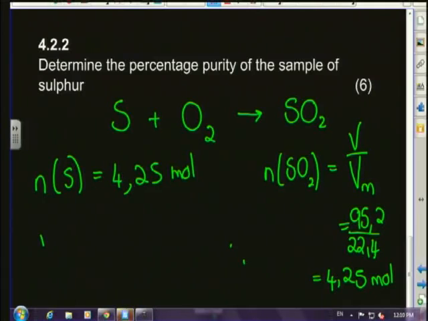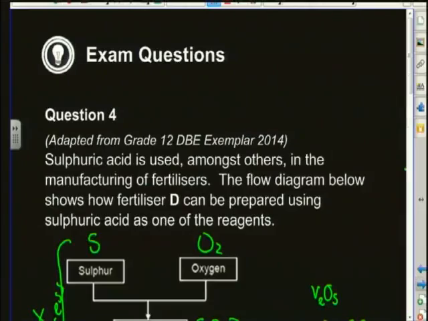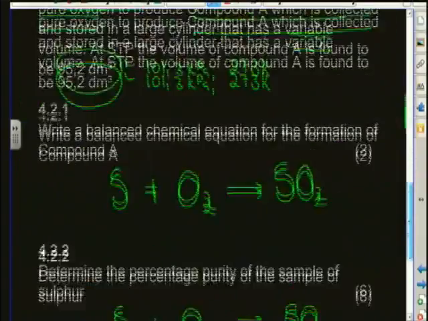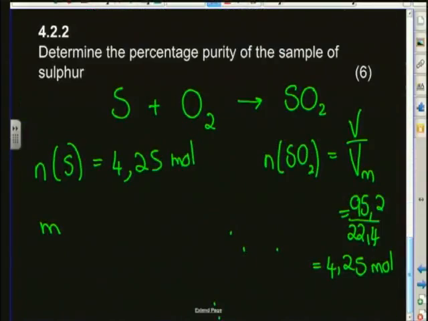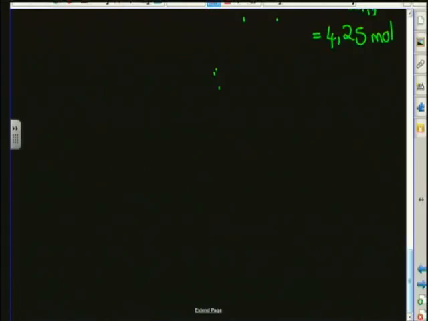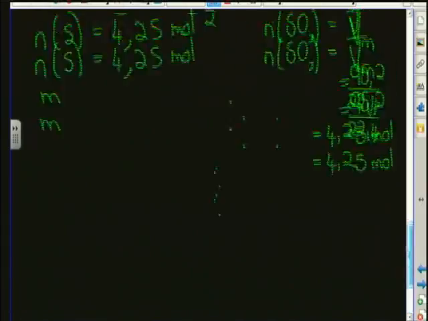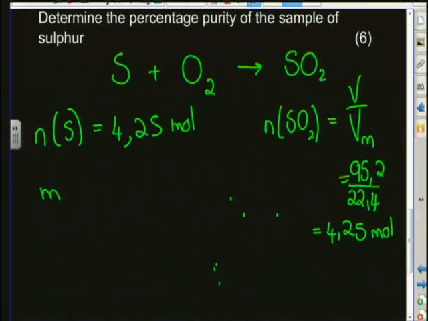We want the mass of the sulfur. I'm sorry, this calculator really doesn't like me today. There we go. Mass of the sulfur is going to be number of moles times molar mass.